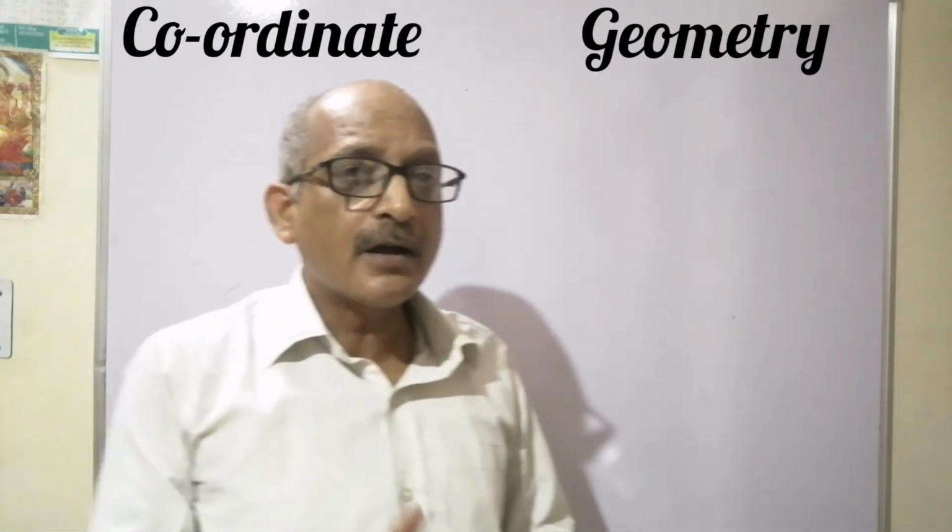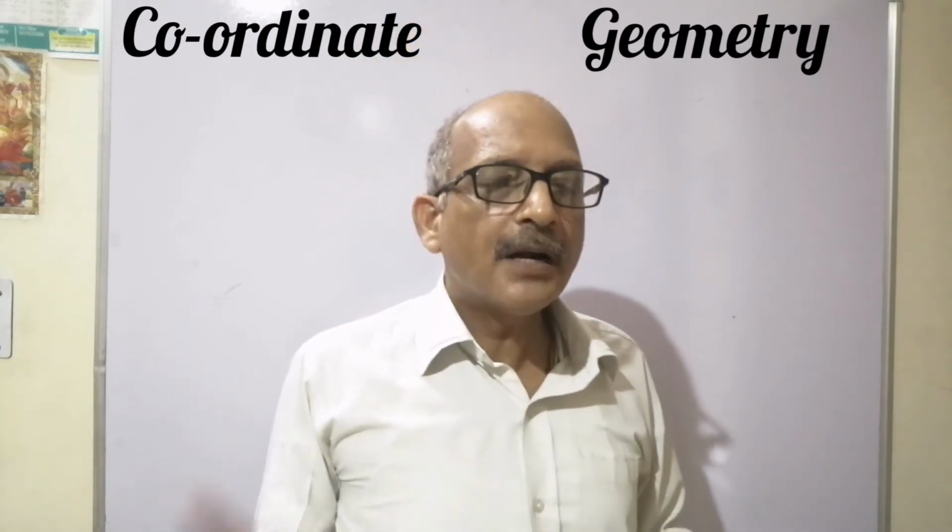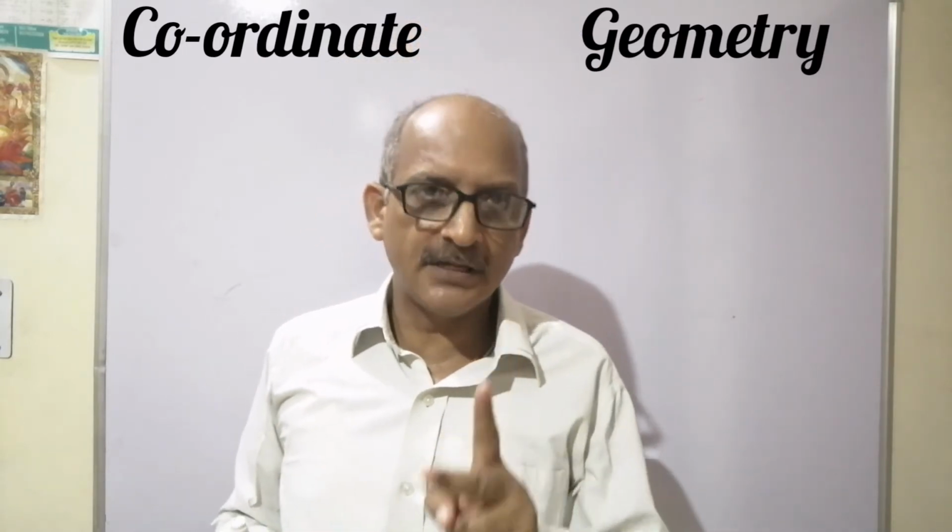Dimension means direction. Expansion in a single direction is one dimension, expansion in two directions is two dimensions, expansion in three directions is three dimensional figures. But we have to study only two dimensional figures here.